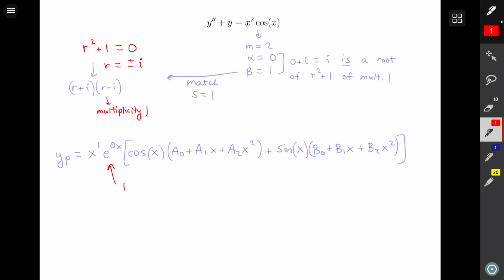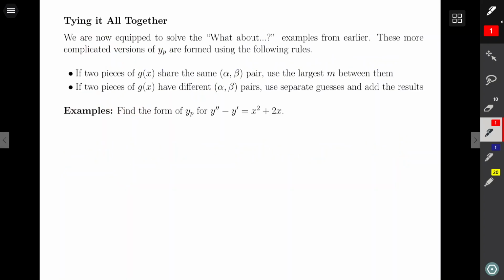All right, so hopefully you can see how that formula might help you, because we're going to tie it all together and do the complicated examples before where I said, well, what about these? So there's two things to keep in mind. One is that if two pieces of g of x share the same alpha beta pair, you just merge them together in the guess and use the larger of the two m's between them.